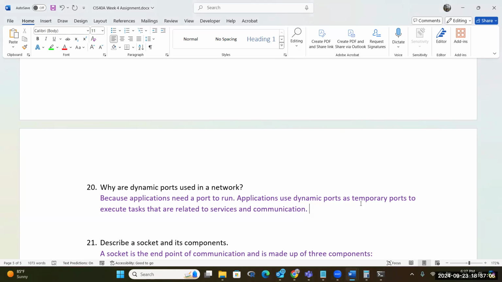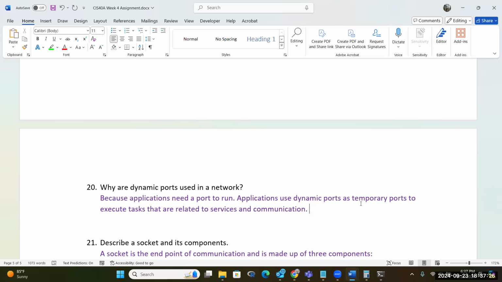I do see some ports popping up, and if they're in the higher range, a lot of the time when they're grouped, they're dynamic ports. So basically, it's just a set of values that's used for specific services for the application, like a database that's tied to a web server, etc.